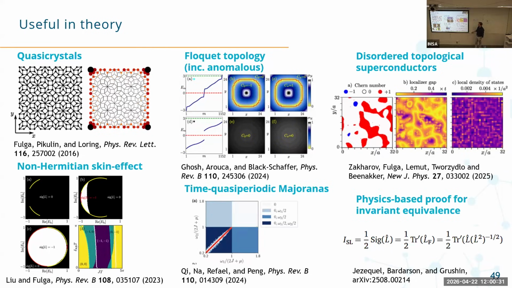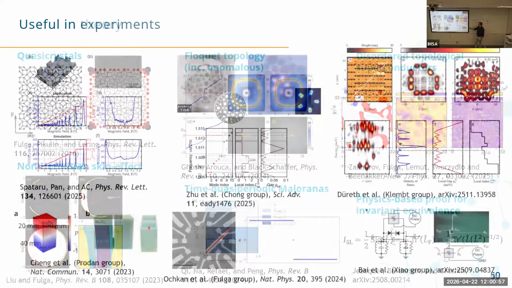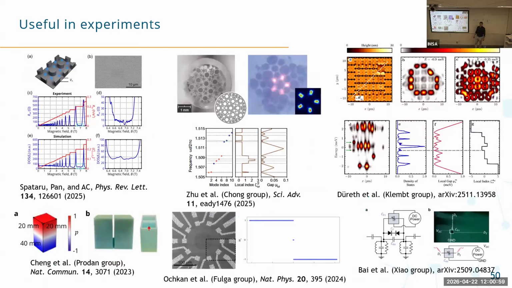But it's showing up now in a bunch of different theory papers: local topology, disordered topological superconductors. There's a nice proof of how the localizer invariants are the same as these other Kitaev and Resta markers now, based on physics intuition. There had been a math proof before from Terry. It can give you the non-Hermitian skin effect, at least in one-dimensional systems. And it's now showing up in a number of experiments.